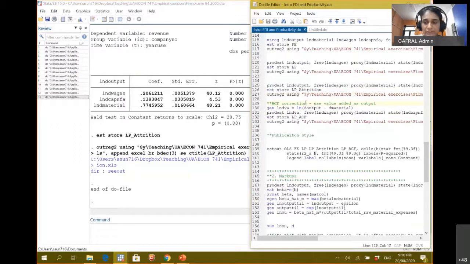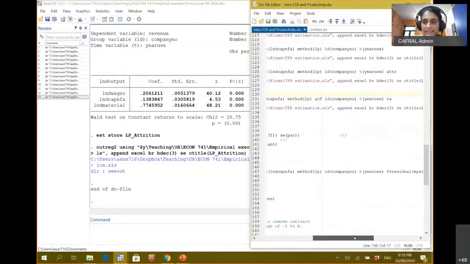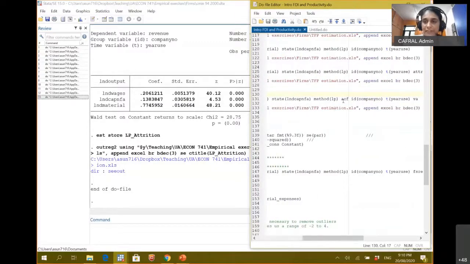So now let's run with the ACF correction. Now with the ACF correction model, you cannot use output. You have to use value added as your variable, right? So for that, I have generated the value added as output minus materials. Okay, that's your value added. And then I run the prodest command, and I tell Stata that I actually want ACF.